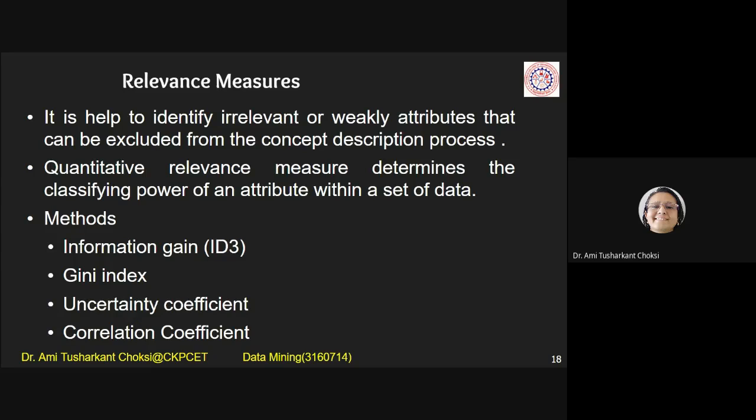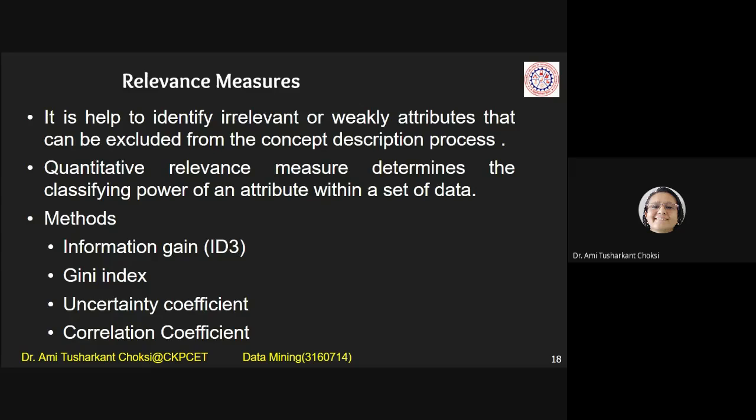For correlation coefficient, we already know, we have studied that, but about the other three, we do not know. Fine, we'll study them. They help us to identify relevant or irrelevant or weak attributes, and then we will remove those.